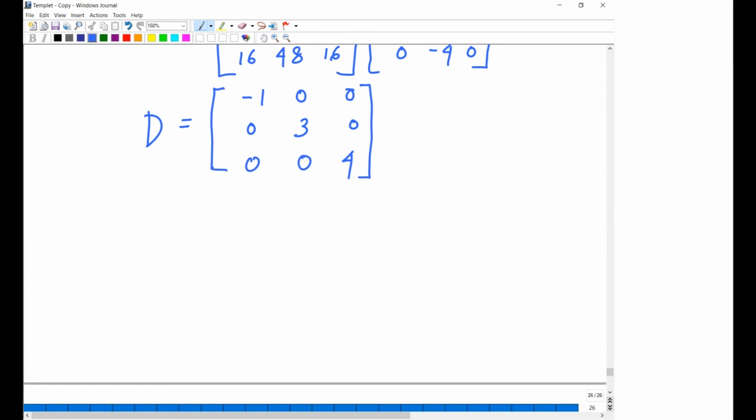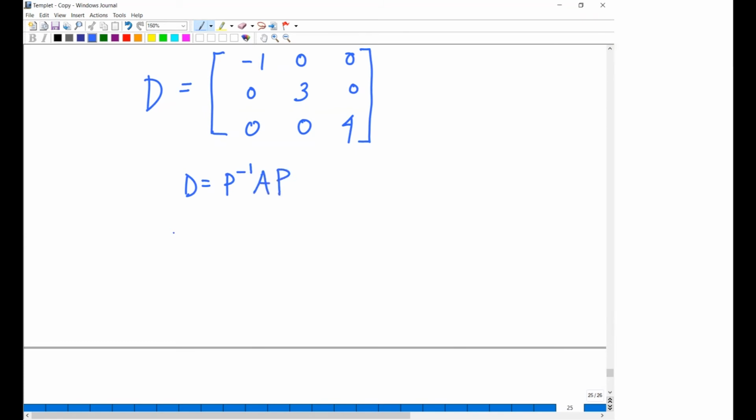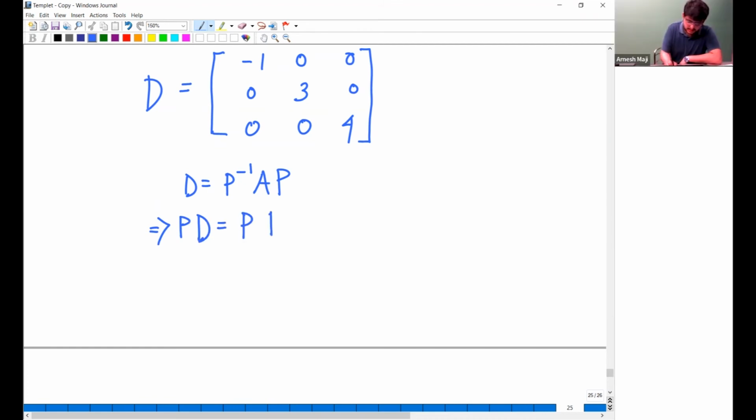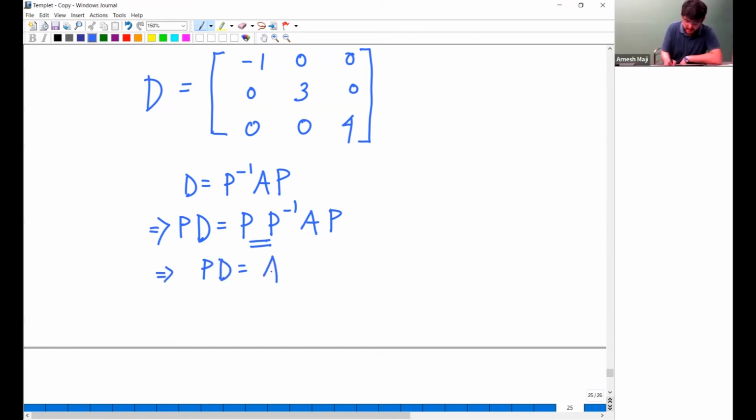No problem. Now what we will do: D is equal to P inverse AP, right? Let us multiply this with P on the left hand side. What we will get is this. This will create an identity. So PD is AP.